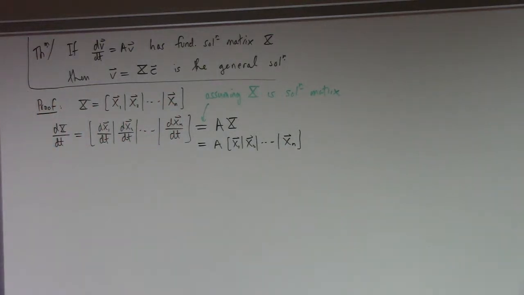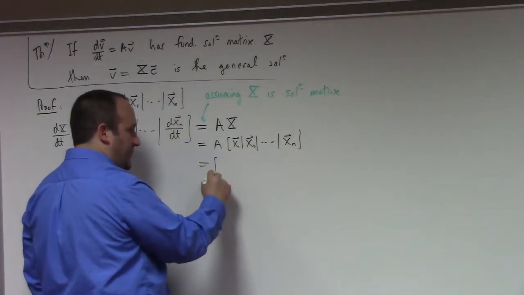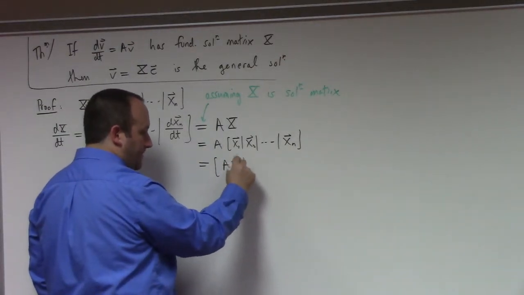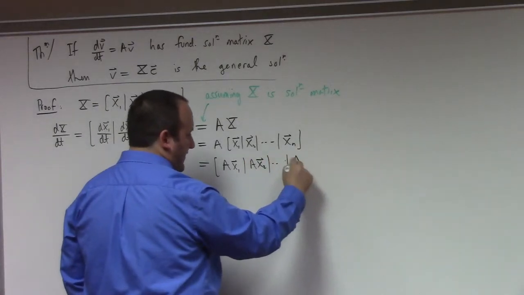One of the things I told you in the start of our discussion of matrix math is that you can either multiply matrices as a bunch of dot products, right? Or you can do it column by column. So the column by column matrix multiplication says that, hey, this is actually the same as A times x1, A times x2, A times xn.